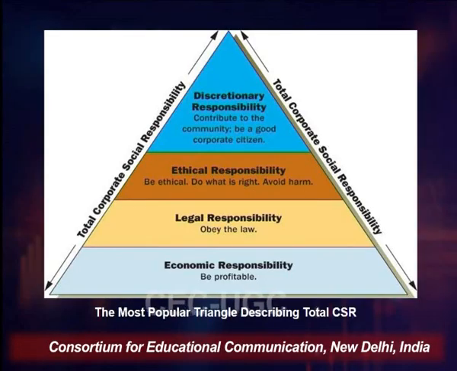Then comes the ethical responsibility: you should be ethical in your behavior. And the last one is the discretionary responsibility: you should contribute to the betterment and goodness of society. So this triangle talks about the different aspects of CSR. Some people say that making profit doesn't mean that you are an ethical company. No.